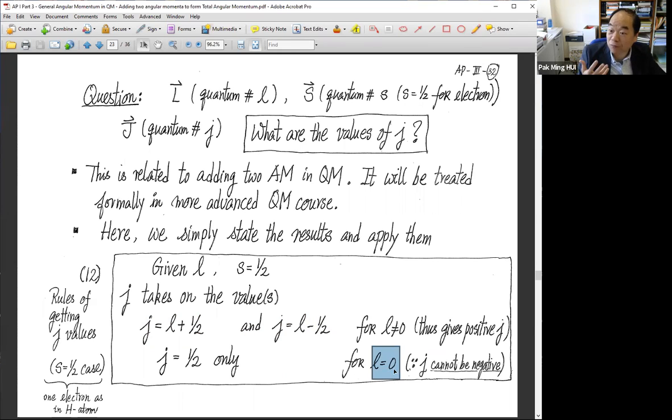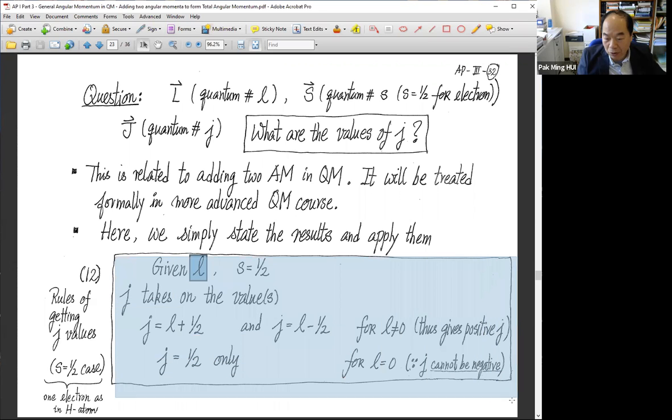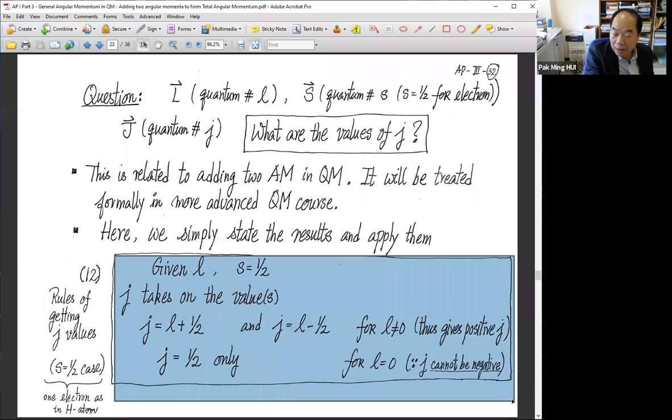We want positive J only, so only exercise L plus half, that is half, okay? So that is the rule. For the single electron with orbital angular momentum, this is how you get the total angular momentum's quantum number small j.